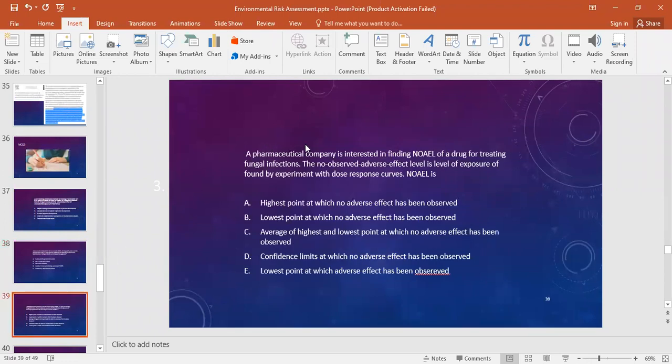A pharmaceutical company is interested in finding novel of a drug for treating fungal infection. The no observed adverse effect level is a level of exposure found by experiment with dose response curve.